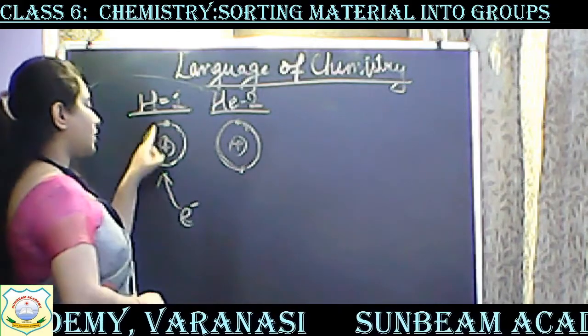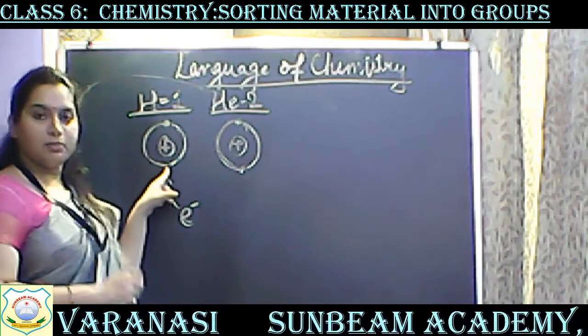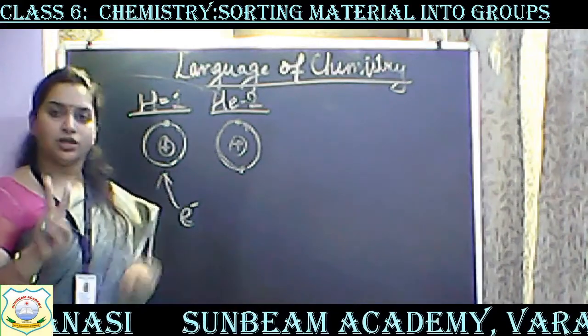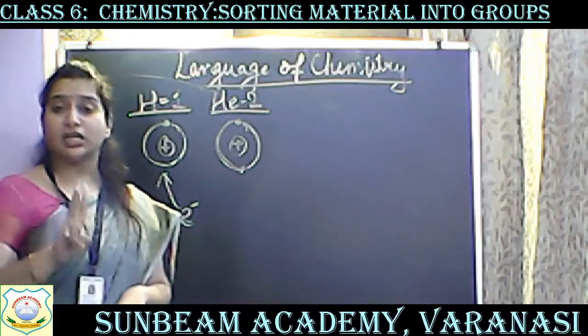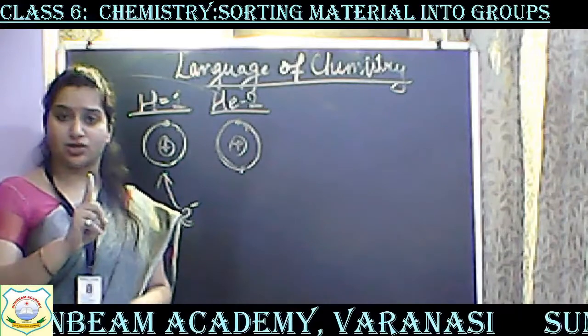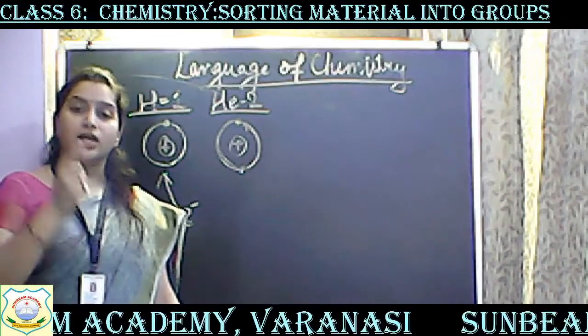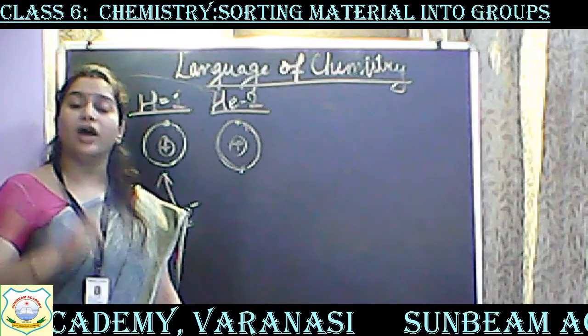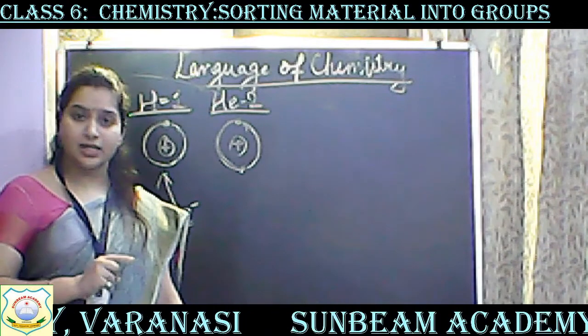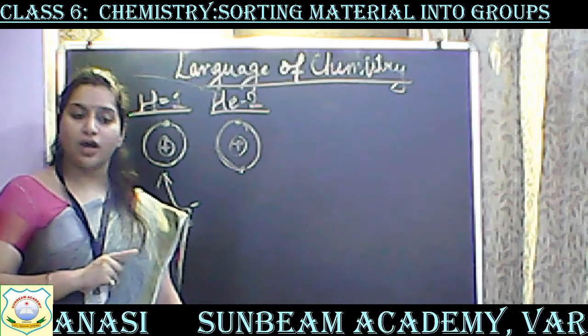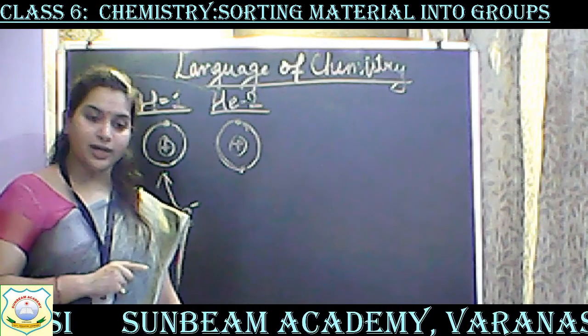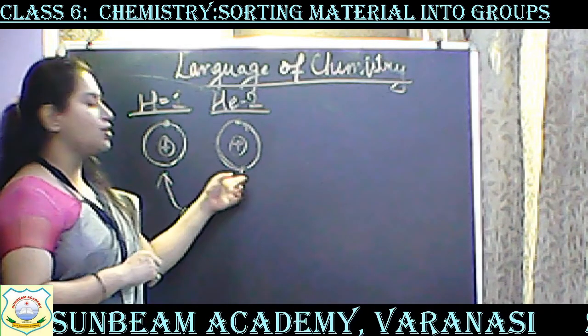Why? Because in this shell there can be a maximum of 2 electrons. 2 इलेक्ट्रॉन हो सकते हैं, लेकिन अभी तक इसके पास सिर्फ एक इलेक्ट्रॉन है. तो ये हाइड्रोजन एक इलेक्ट्रॉन और ले सकता है, isn't it? Got it?